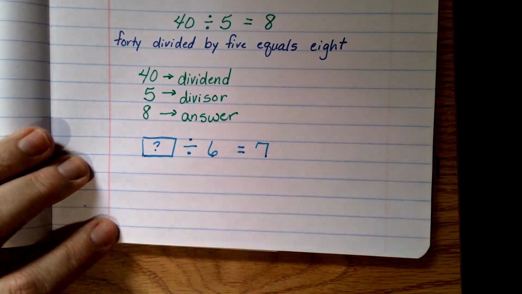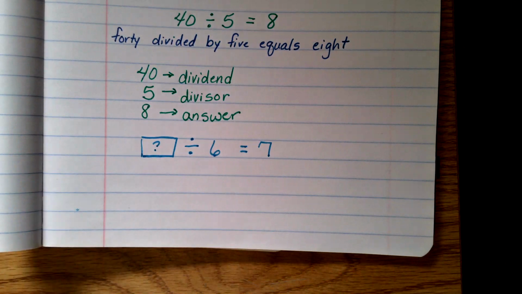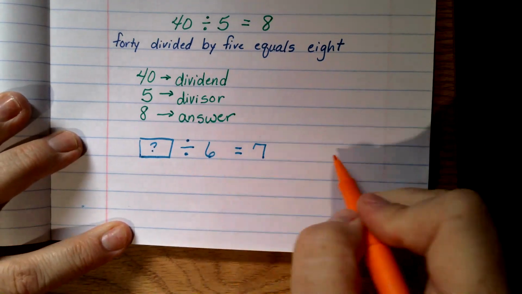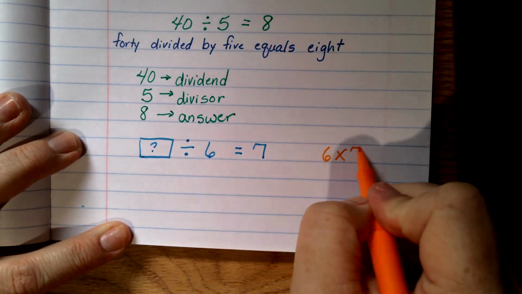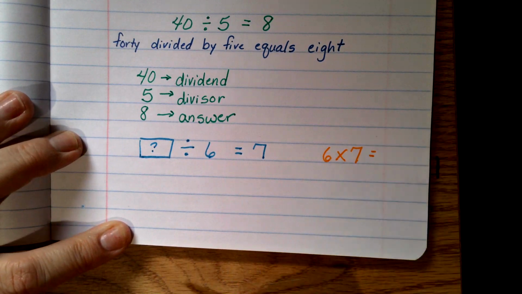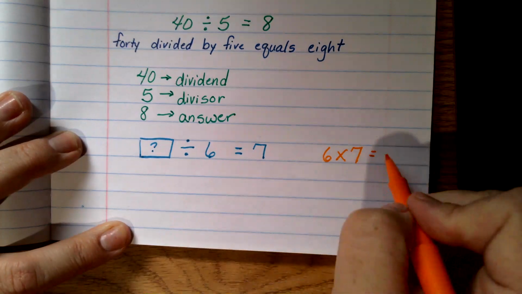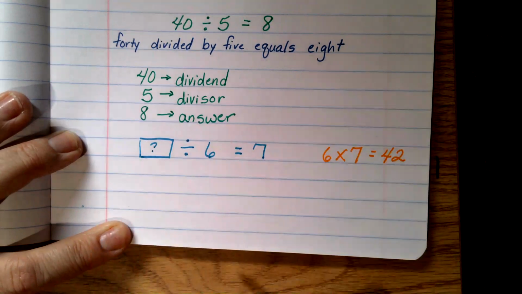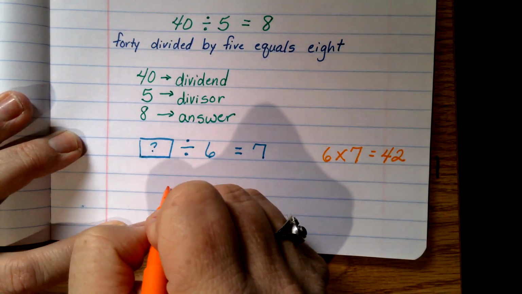And you have to find this missing number. Well, the really cool thing is, if we know our fact families, we know that we can do 6 times 7. And once we figure out what 6 times 7 is, then we will know what goes in that box. Hopefully you guys know that 6 times 7 equals 42. So the dividend would be 42.